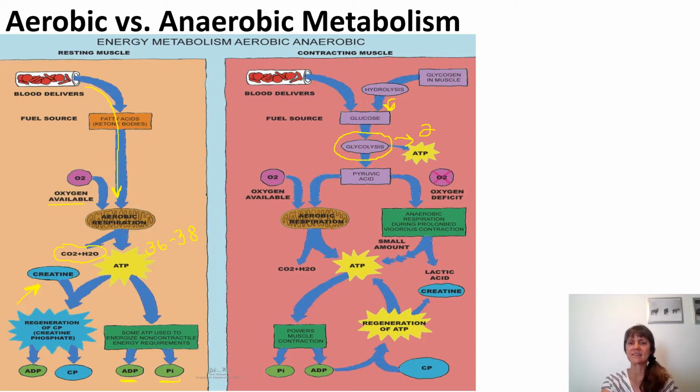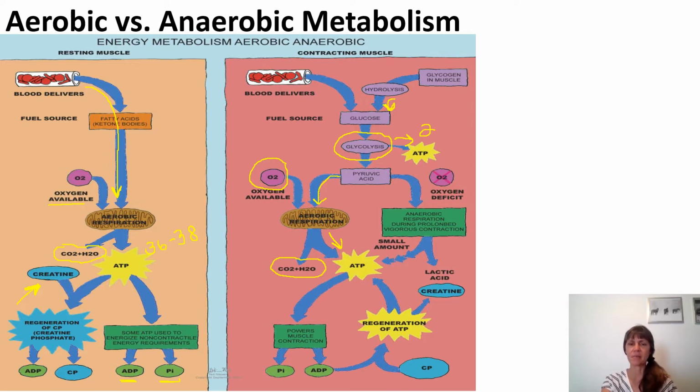The pyruvic acid will actually go to the mitochondria, and with the presence of oxygen, the pyruvic acid will cycle through a series of chemical reactions called the Krebs cycle or the citric acid cycle to form adenosine triphosphate and the byproducts of carbon dioxide and water.